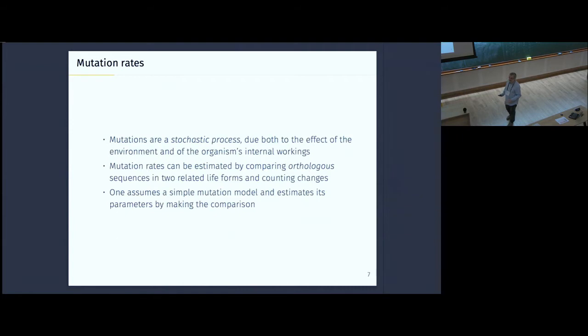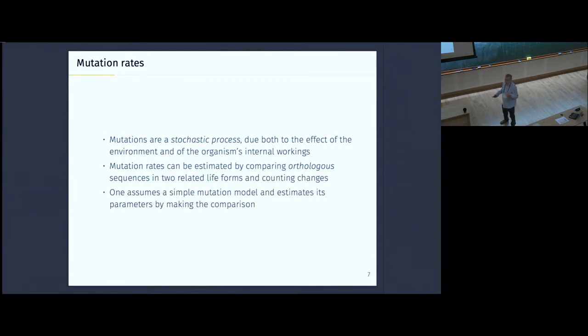Now, mutation is a stochastic process. It's driven not only by physical processes, but also by biological processes. For instance, the very fact of copying DNA means that at the initiation of the copying process there is a sort of machinery going on which is likely to produce mutations at a higher rate than in the rest.